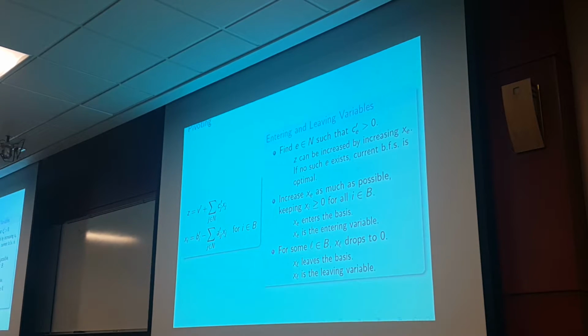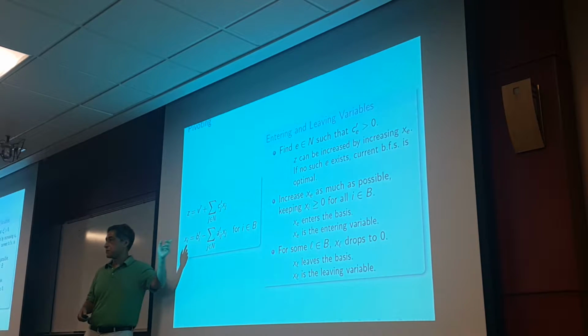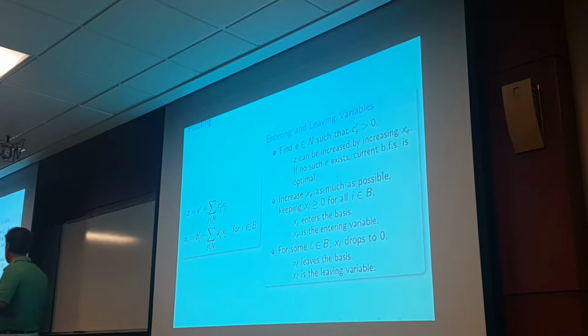That means that if you pick that variable and you increase its value, you are going to increase the value of the objective function. Now, how much you can increase that objective value depends on these constraints, right? You cannot make any of these xi's negative, so you are limited in your increase by these things. So we're just going to increase this value of xe as much as possible. And that's going to, in the process, make one of these xi's in the base 0.